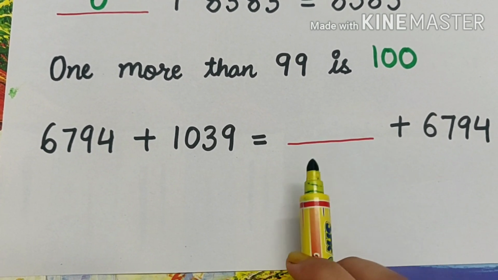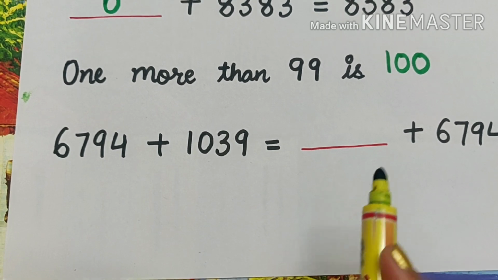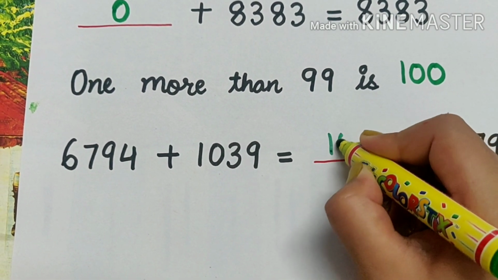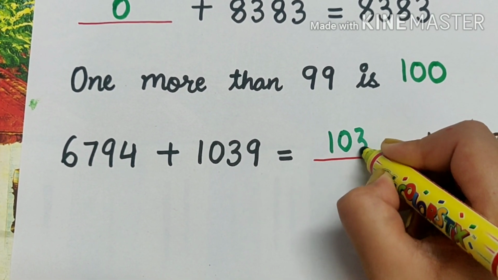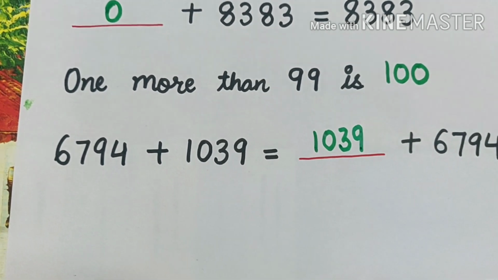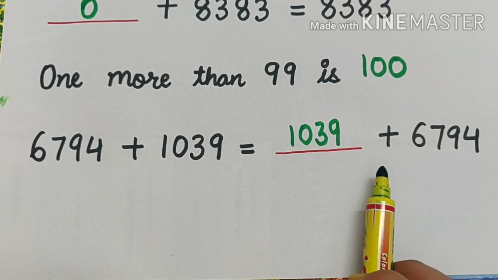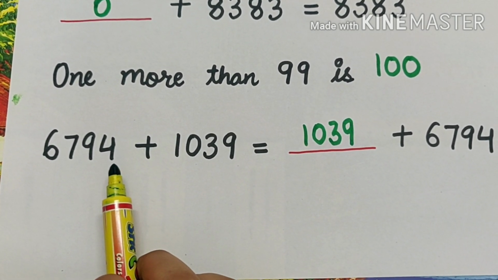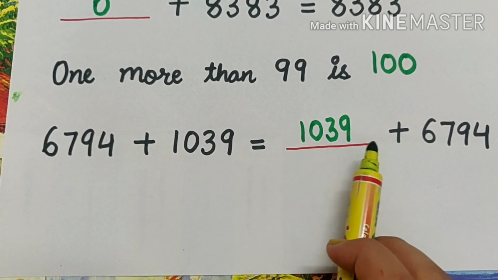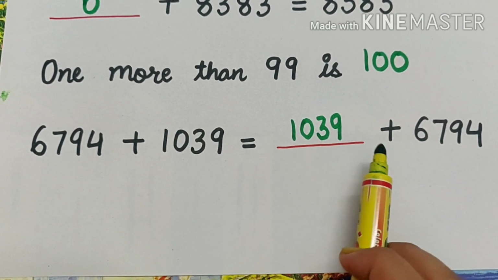So what can we write here? Yes, we can write 1039. Now if you will add these two numbers, that will be equal to these two numbers, because these two sides are equal.